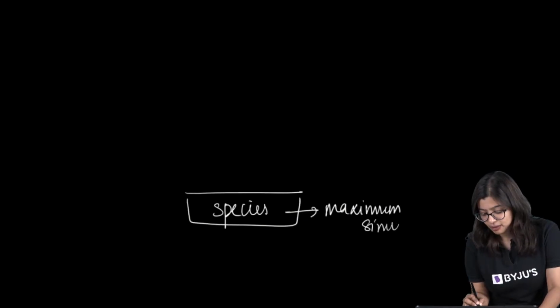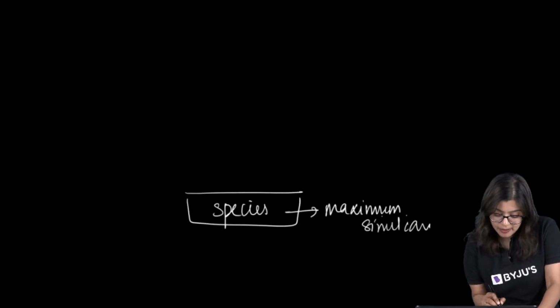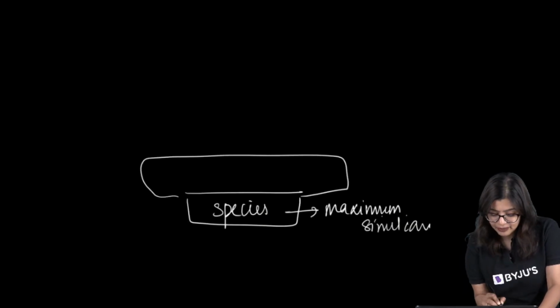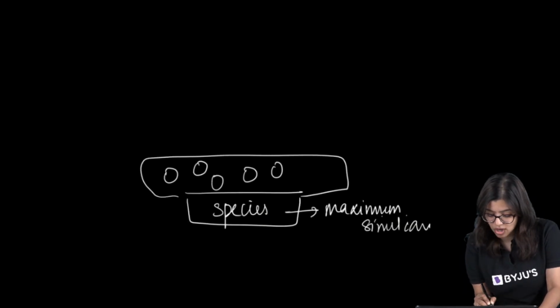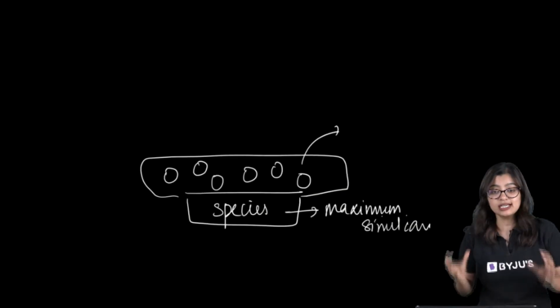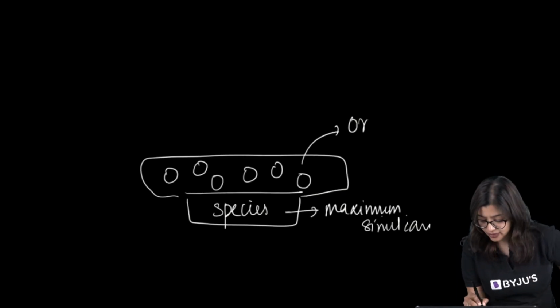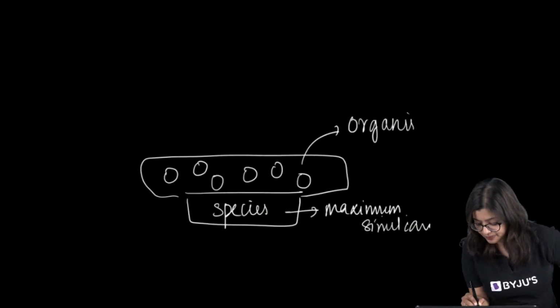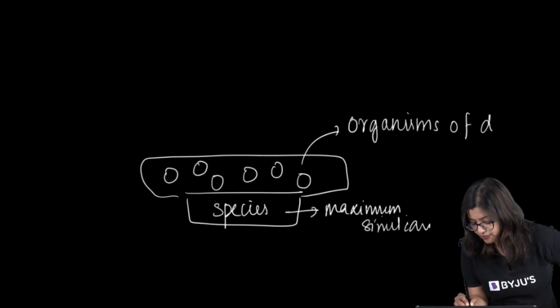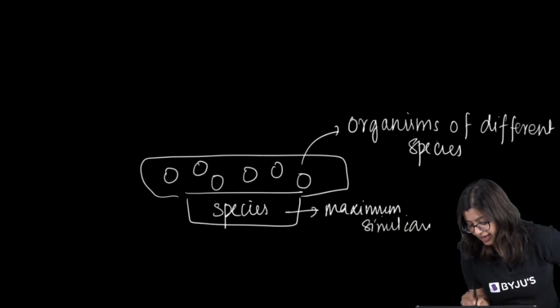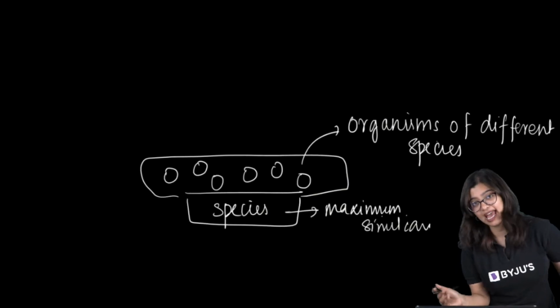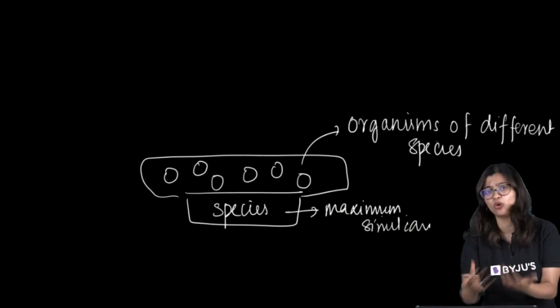But still some slight differences can exist. There could be a broader group which includes organisms of different species. So this is a group which has organisms of different species, with some slight differences, but they're all grouped together.